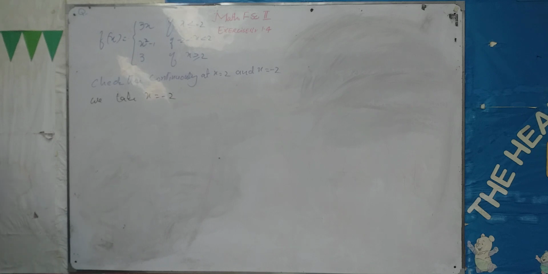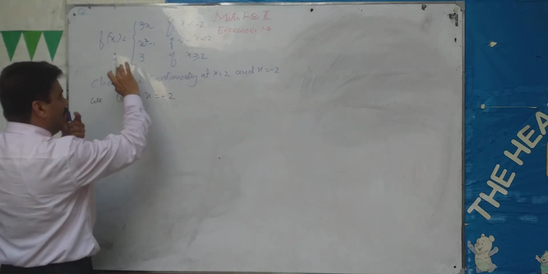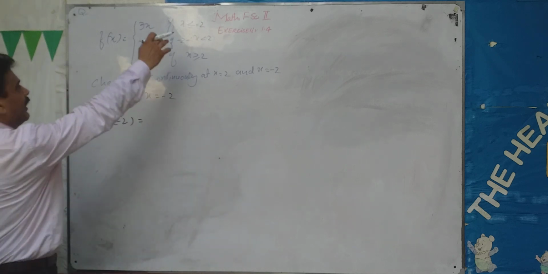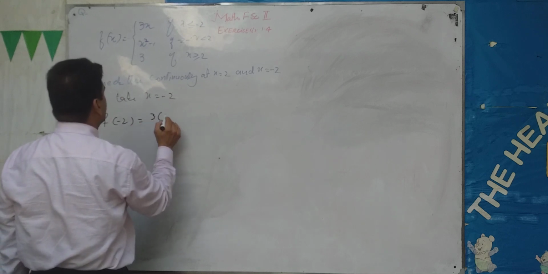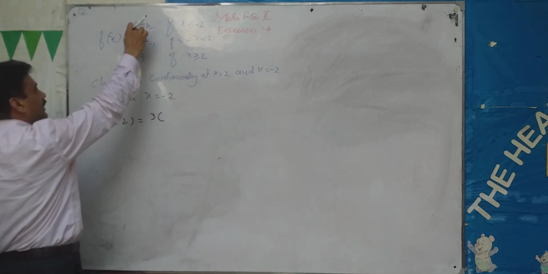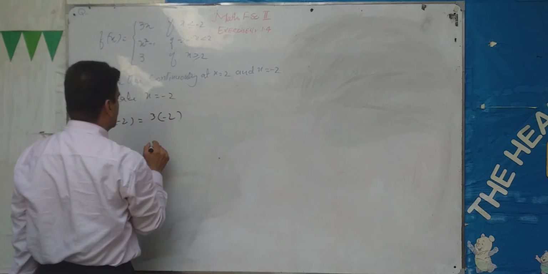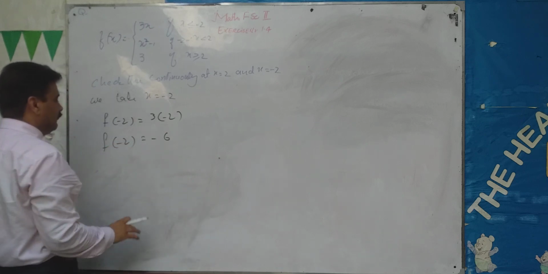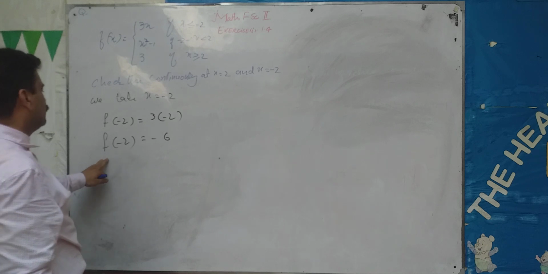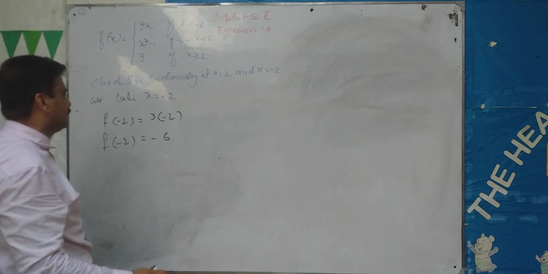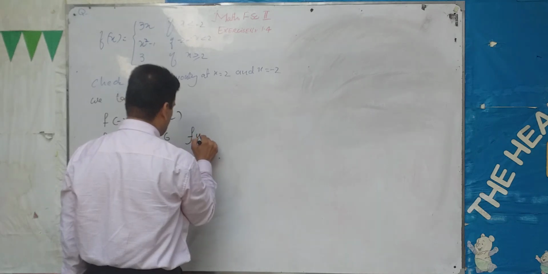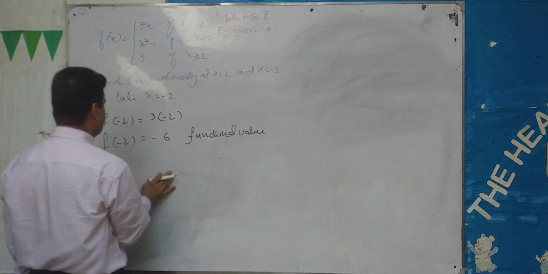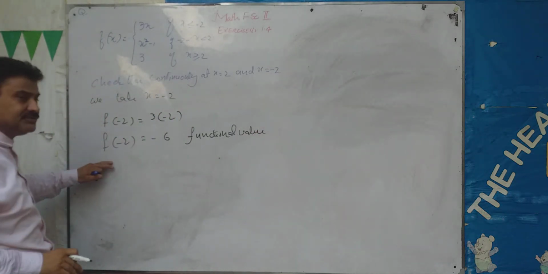When we take x is equal to minus 2, we find the function value at x equal to minus 2, f of minus 2. We replace x equal to minus 2 in the function f of x equal to 3x minus 6. It means the function value exists when x equal to minus 2, the function value is minus 6, the function is defined at x equal to minus 2.